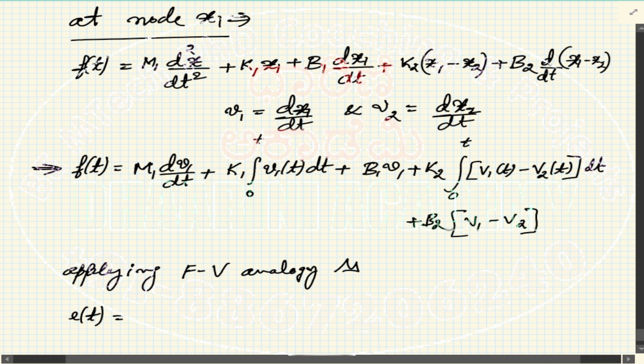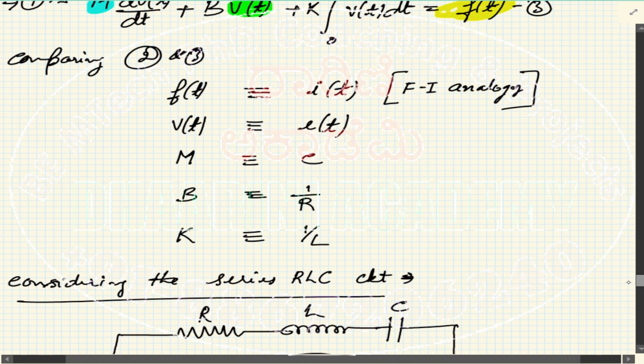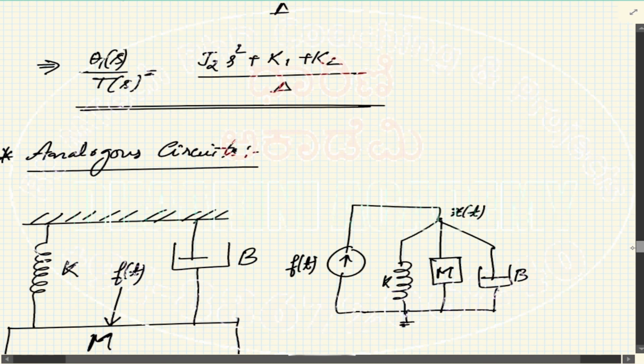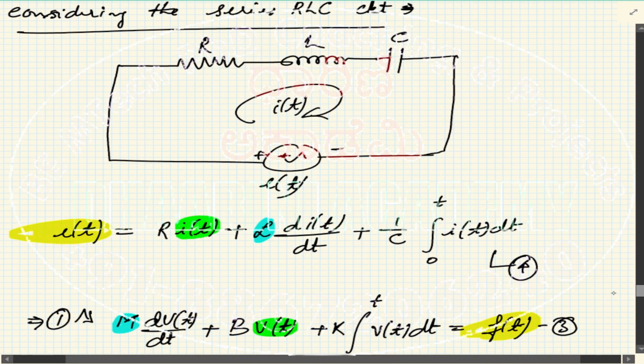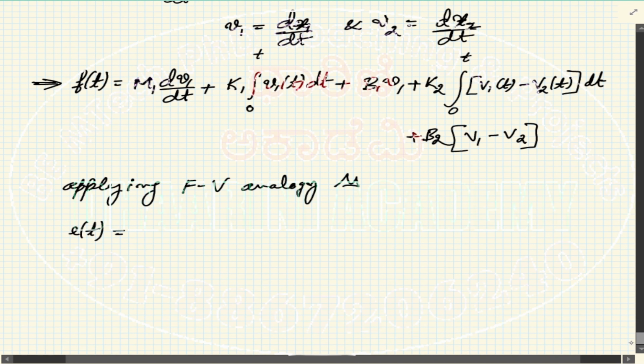So we can see that for M1, refer to the table which we had written over here. Wherever I have M, I can write L. B can be replaced as R. K is 1 by C. So just compare this equation.